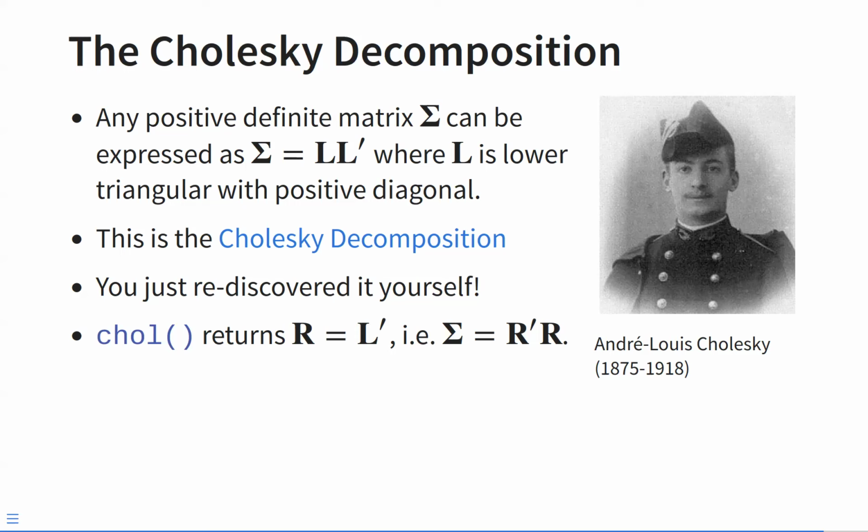There's a command in R called chol, and what this does is it does return the Cholesky decomposition, but the thing about R is that it's a language that is built around a single letter.